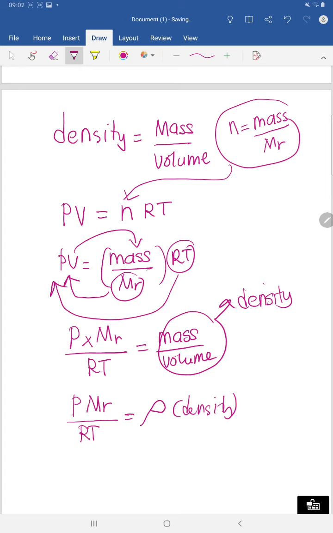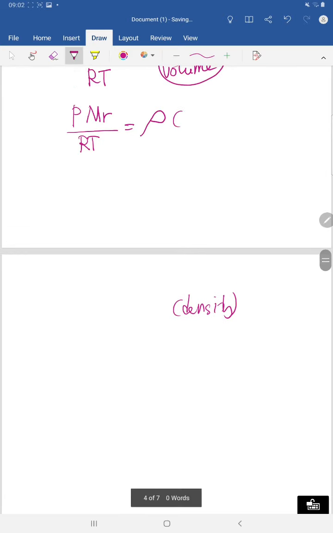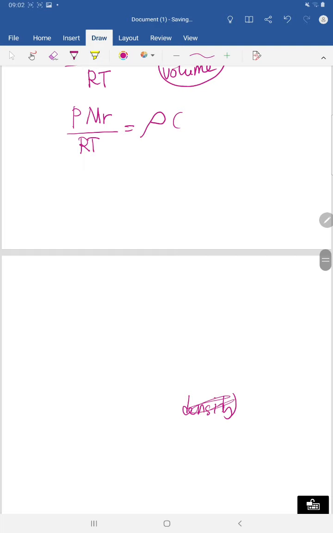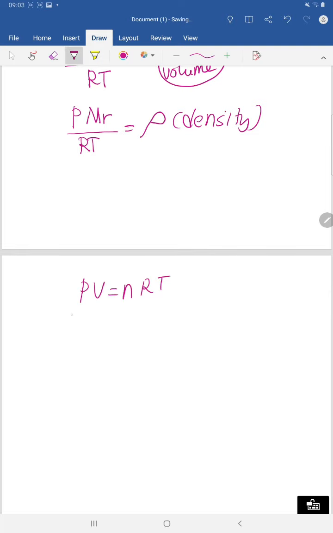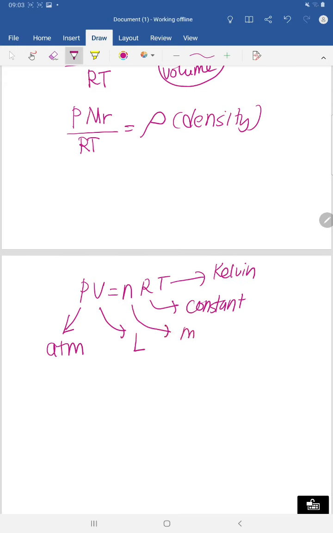Every time you want to use the ideal gas equation, you need to make sure every variable uses the right unit. In PV equals nRT, pressure should be in atm, volume should be in liter, R is a constant, so please refer to the list of constants, temperature should be in Kelvin, and n is in mole.